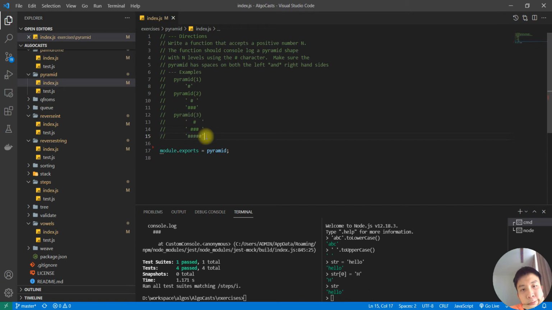For 3 levels, so n is equal to 3, the line width is equal to... as you can see, we can divide it to balance left and right, okay?